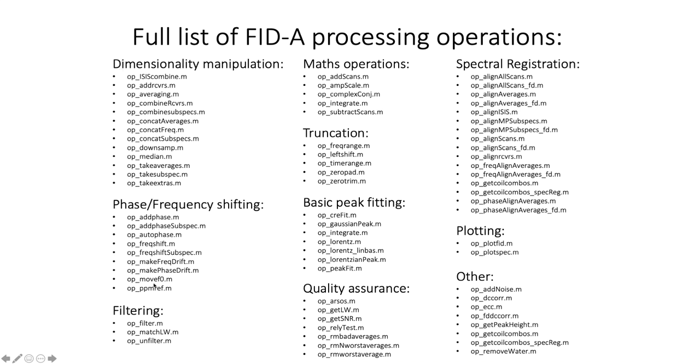These are frequency and phase shifting operations, filtering operations, math operations like adding and subtracting spectra together, truncation, so that would be chopping your spectrum into different bits along the frequency domain, for example, basic peak fitting operations, quality assurance operations, spectral registration for aligning spectra, plotting tools, and I guess other tools that are also considered processing operations.